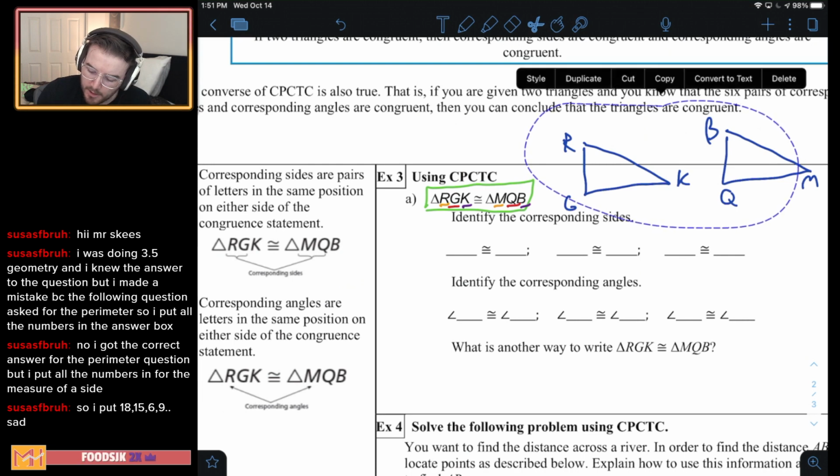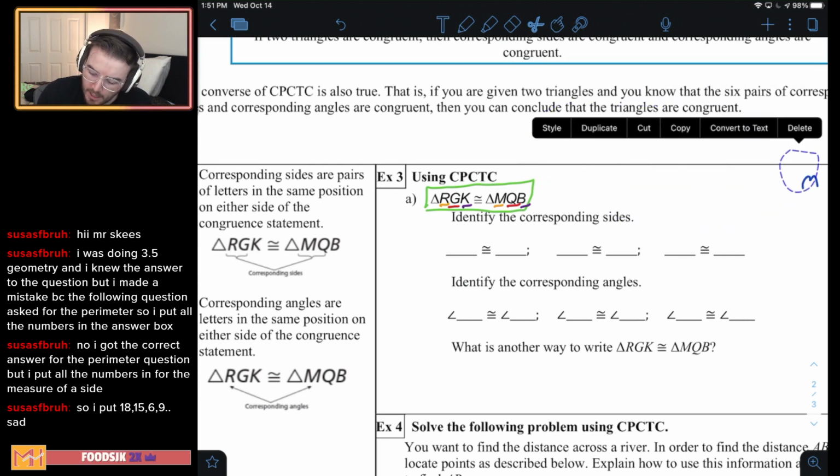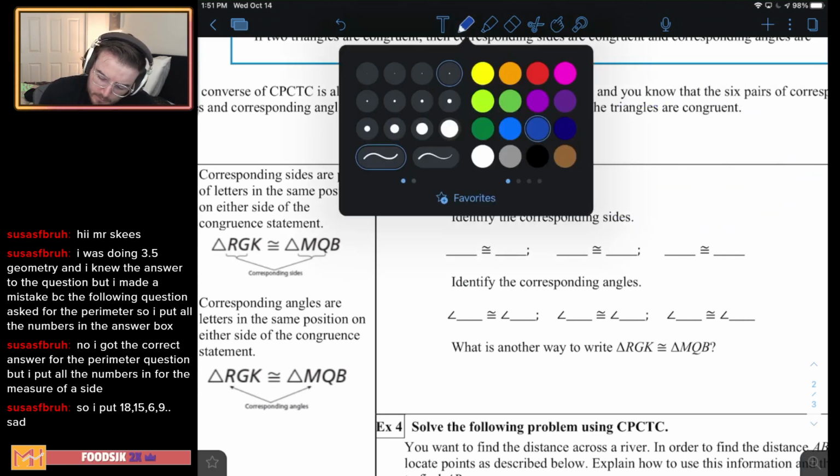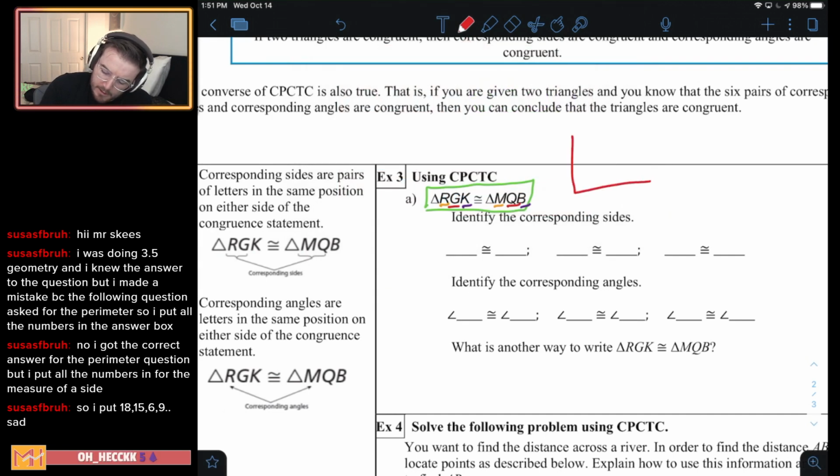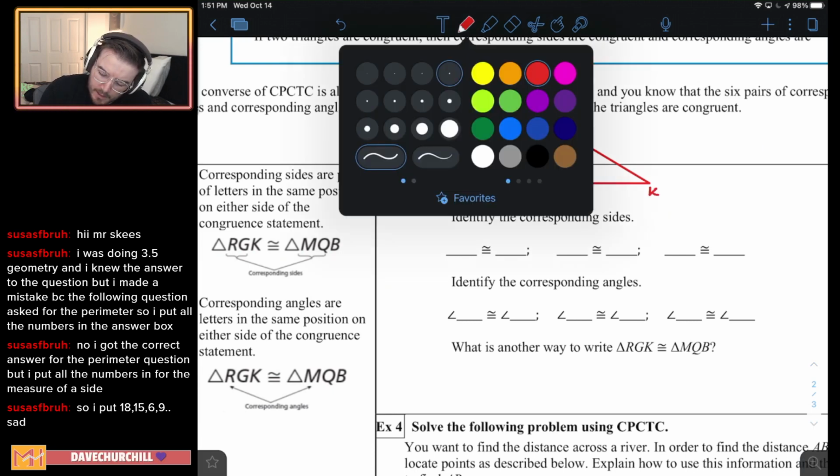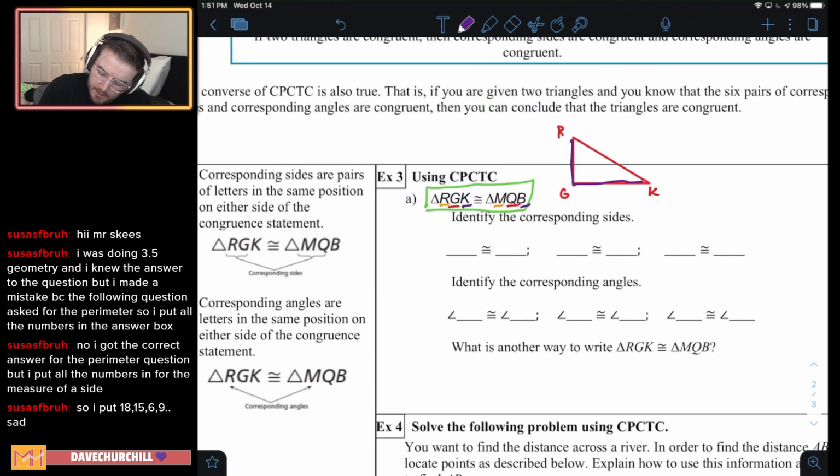So let me draw them prettier and properly. Here is triangle RGK, and here is triangle MQB.